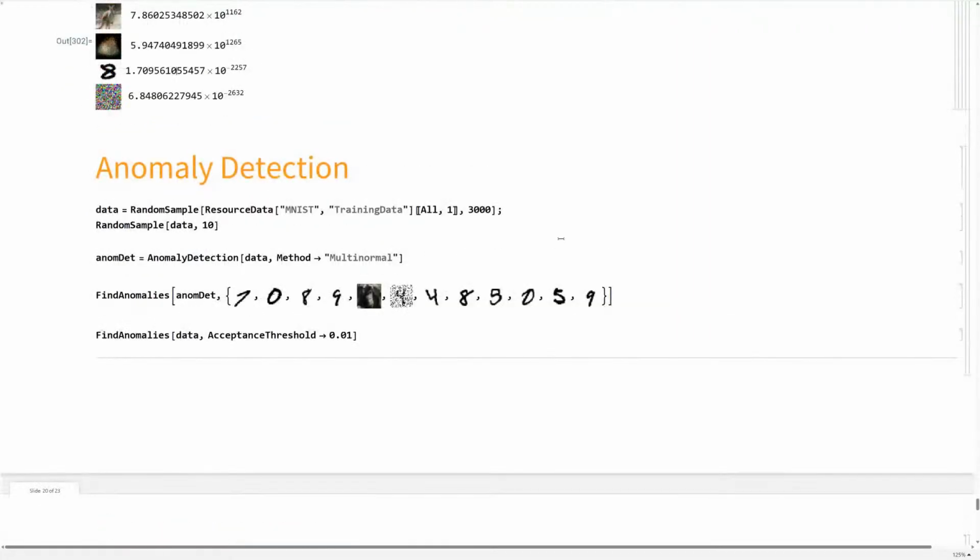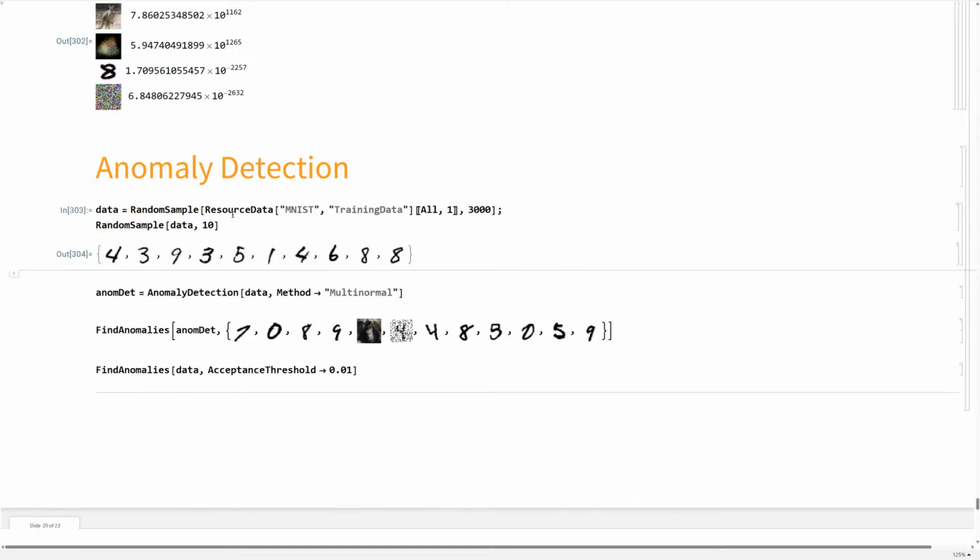All right, so our last example is anomaly detection. This is usually done before our data processing. We would like to take out some data that apparently doesn't belong here.